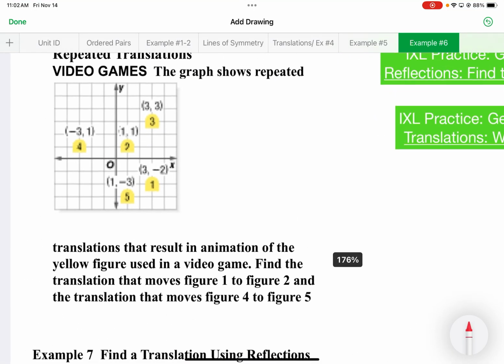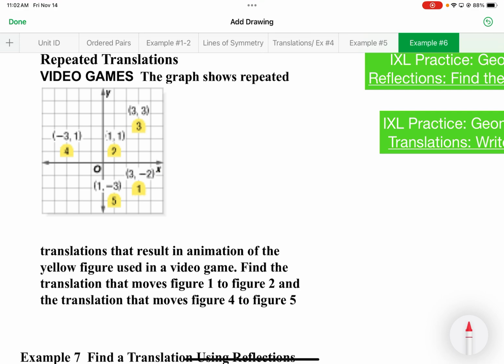So we want to find the translation that moves it from figure 1 to figure 2. All right, I know you guys can't read this. So 1 is at the coordinate point (3, -2), and then 2 is at the coordinate point (1, 1). So I want you guys to tell me what is the rule I need to get from my point in 1 to my point in 2. So I went from 3 to 1.